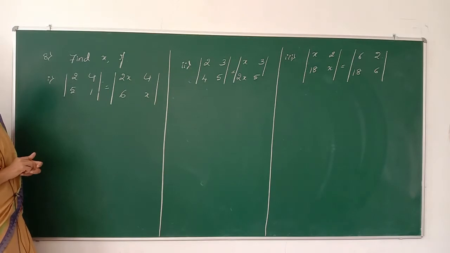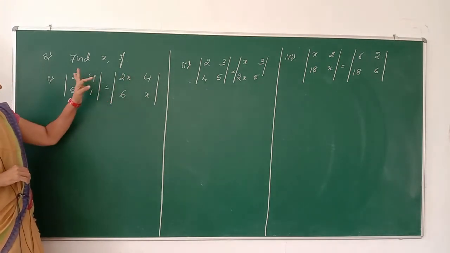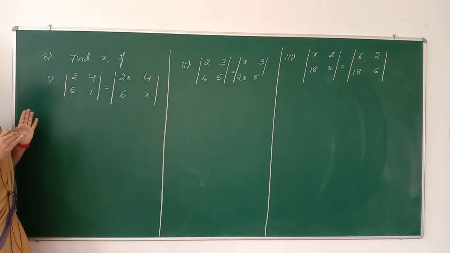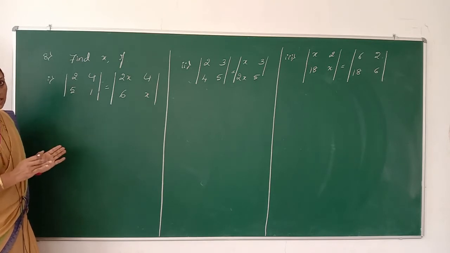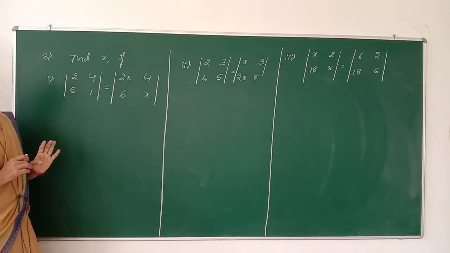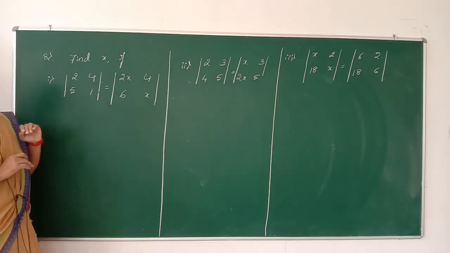Any two matrices are called equal if and only if their corresponding elements are directly equal to each other. But in the case of determinants, corresponding elements are not equated with each other. Instead, the values of the determinants on both the LHS and RHS are equated with each other.